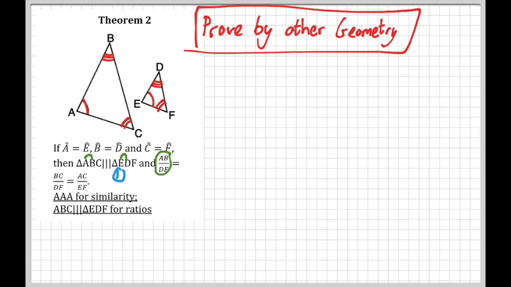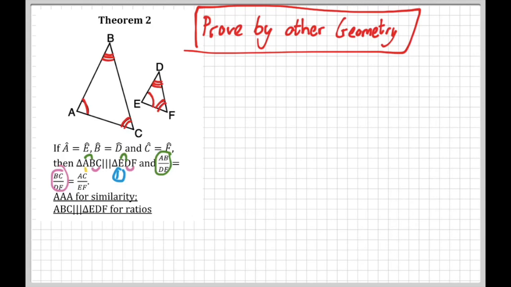Now, I like to go according to the position in the similarity, and that's why position in similarity is crucial. AB, because it's written first and second, will be equal to AB over DE. So the ratio between AB and ED must be the same as the ratio between BC and DF, because now they're placed second and third in the first triangle and in the second one.